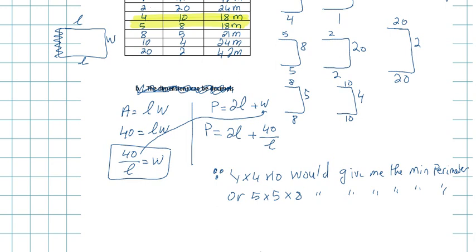In this case, because you're talking about perimeter, you're looking for minimum perimeter. If you're looking at area, it will be maximum.